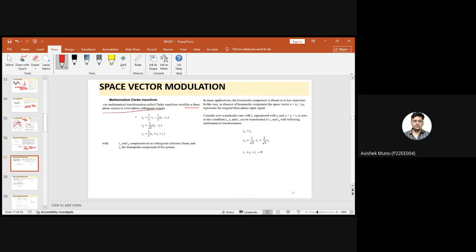If you have IA, IB, IC as my three components, it converts them using the relation I alpha equals 2 by 3 IA minus 1 by 3 IB minus 1 by 3 IC, into two components, I alpha and I beta, and I naught, which is the homopolar component.